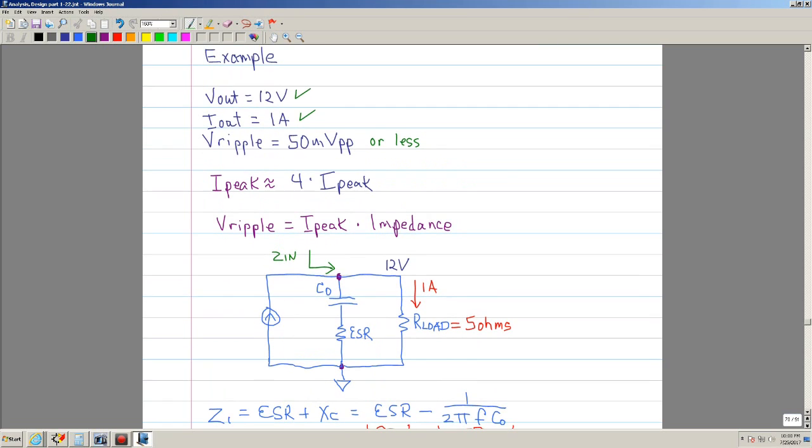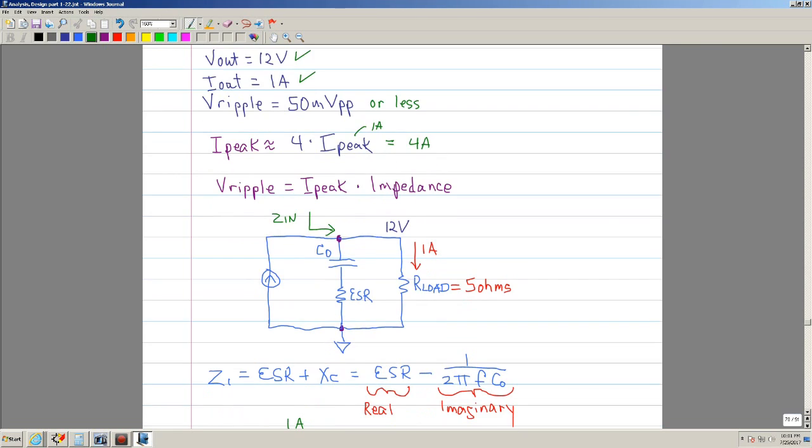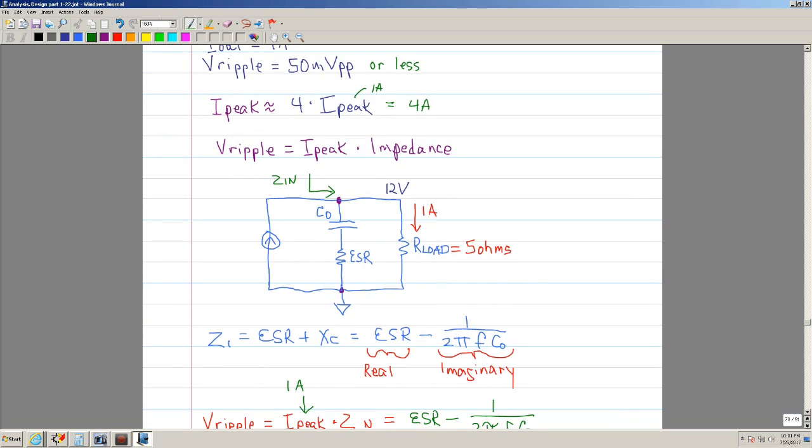Based on this being 1 amp, I already said that the peak is going to be 4 amps. Now we're going to do a little bit of numbers. Since it's 12 volts, 1 amp, that means this is going to be 12 ohms.